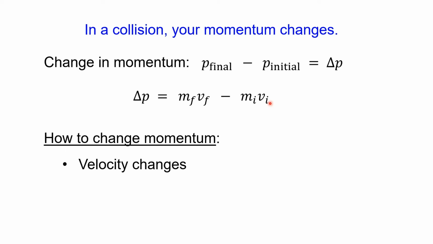So the third way you can change velocity is to change your direction, even if you have a constant speed. So any one of those three will change your velocity, which changes your momentum. The other option is just mass. So if we change our mass, then that will change our momentum. So gain mass or lose mass, those are the only two options there.